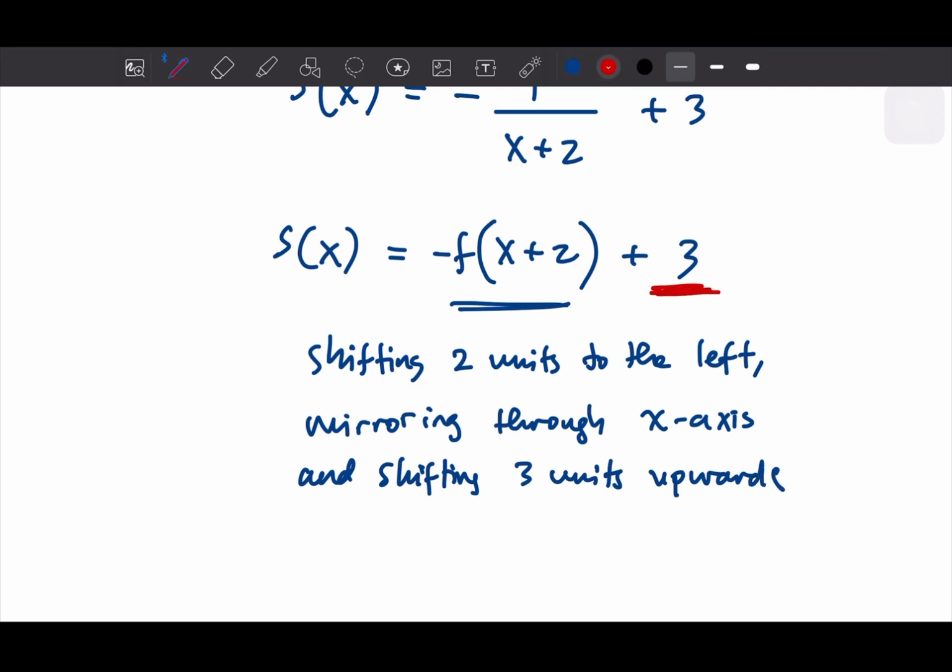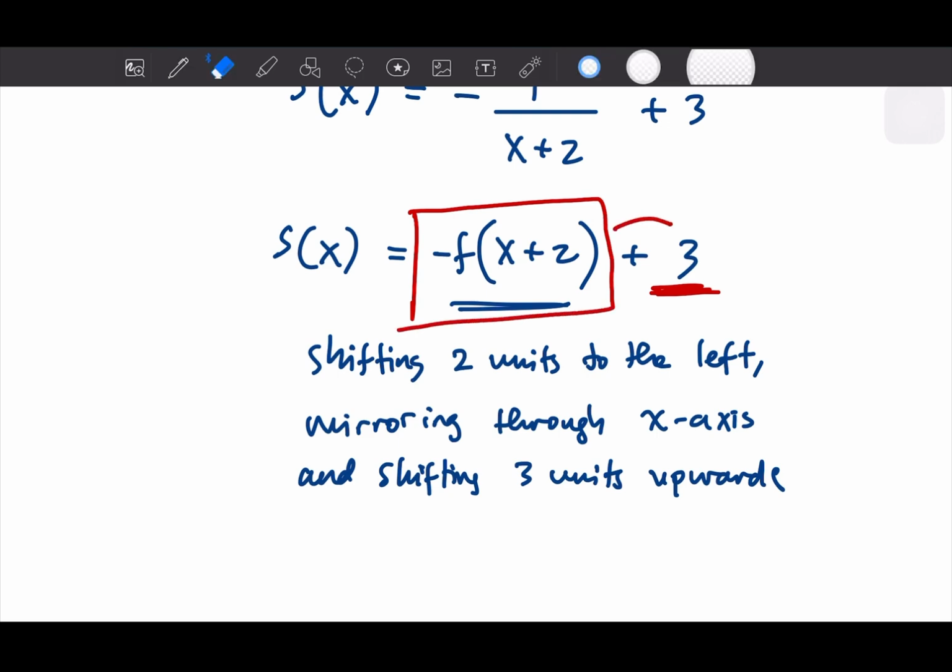So we define this f first, and then we transform the first one, and then we shift the +3 at the end.